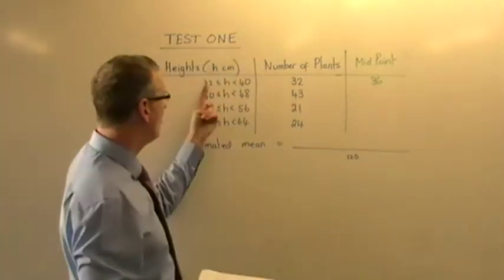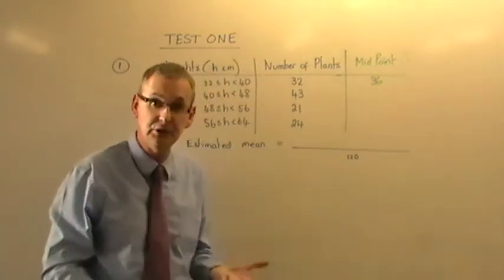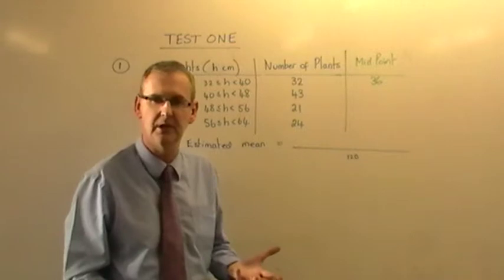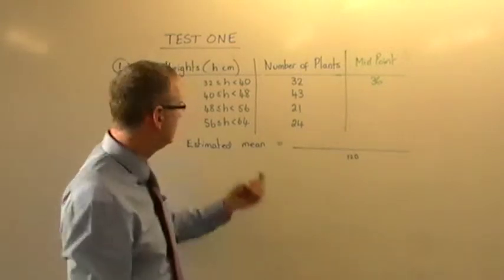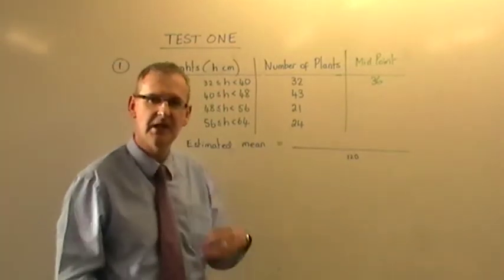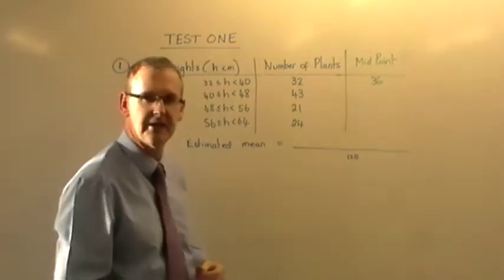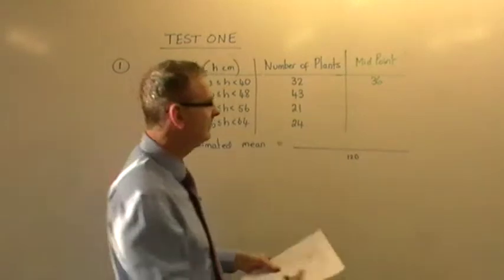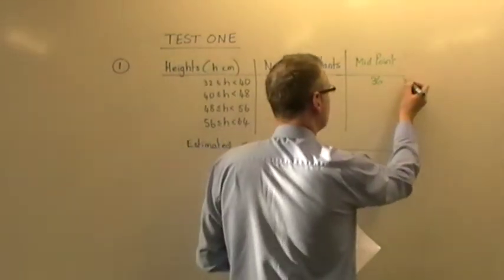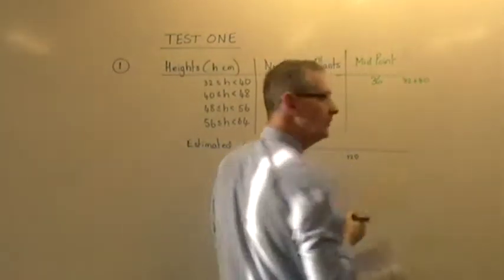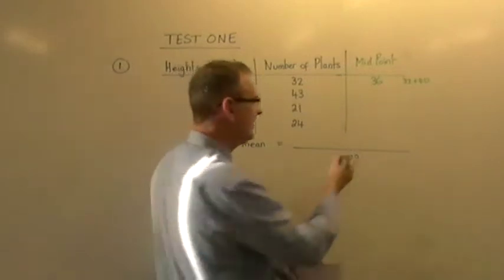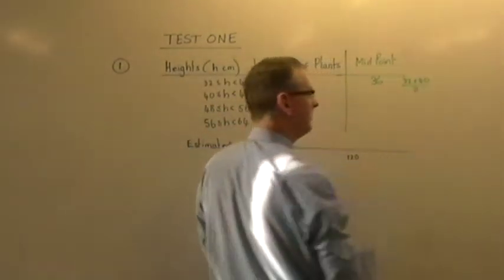Now, if you're not sure, because the numbers in the table that you've got in the exam, for example, are really awkward numbers, and you don't know what the halfway point is, a little rule that you can do to get the answer is add the two numbers together, 32 plus 40, and that would give you 72, and then find the halfway point by sharing it by 2.